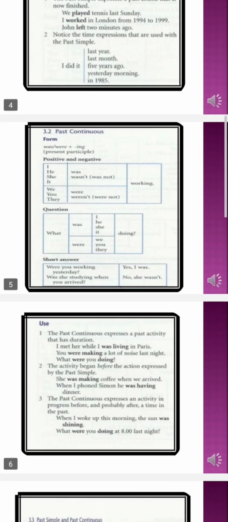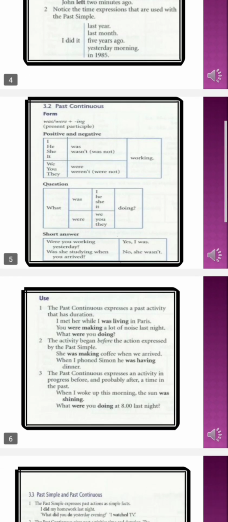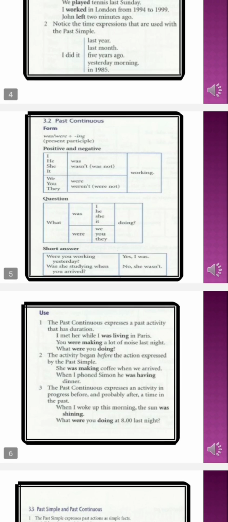Past continuous. Form: was, were, plus ing present participle. In positive and negative, we have some examples for these pronouns. I was working. I wasn't working.